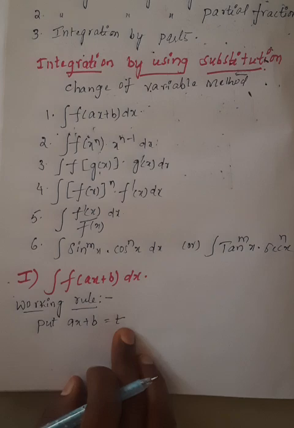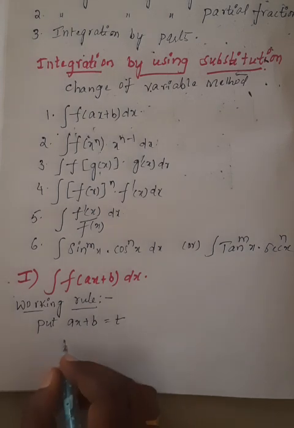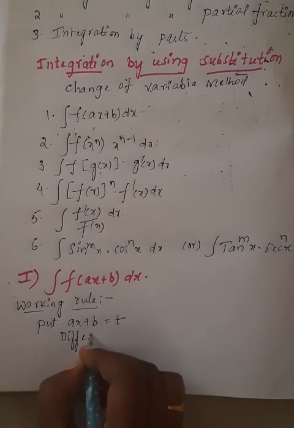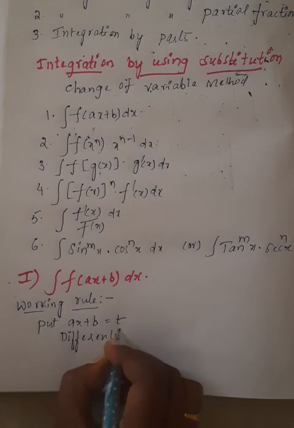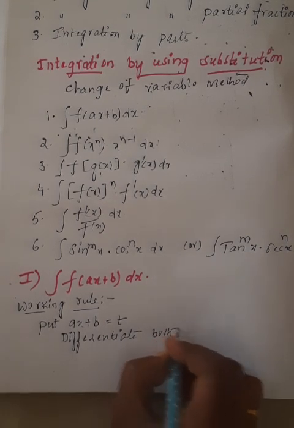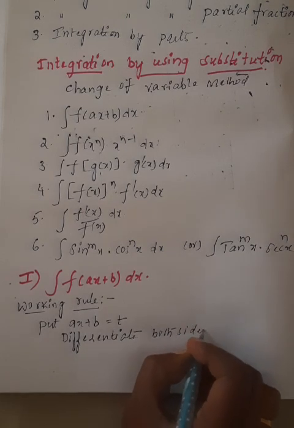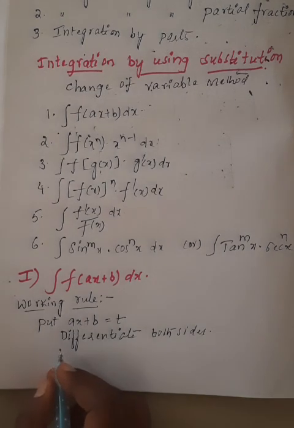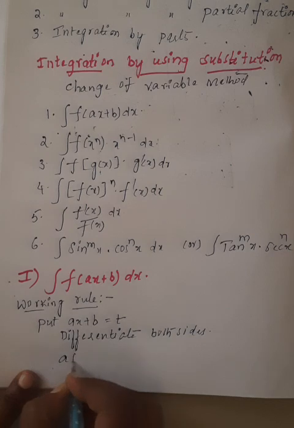Now after considering ax plus b equal to t, we have to differentiate both sides. Differentiation of a into x will become a into 1, because differentiation of x is 1.